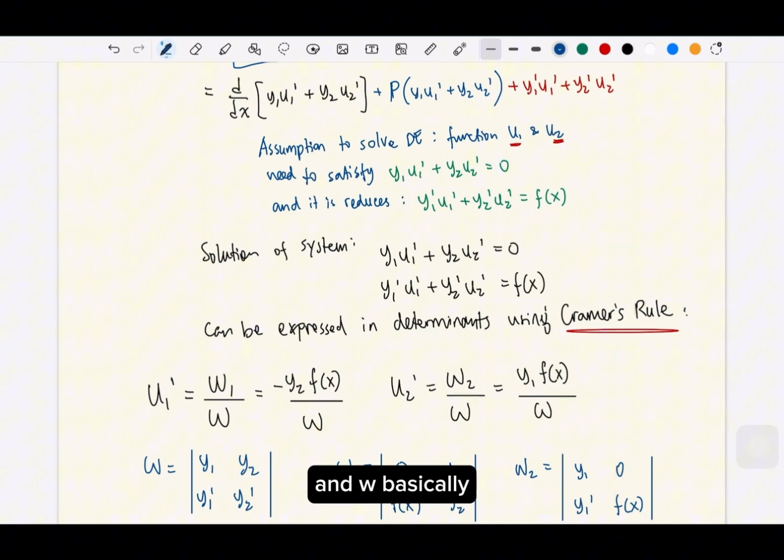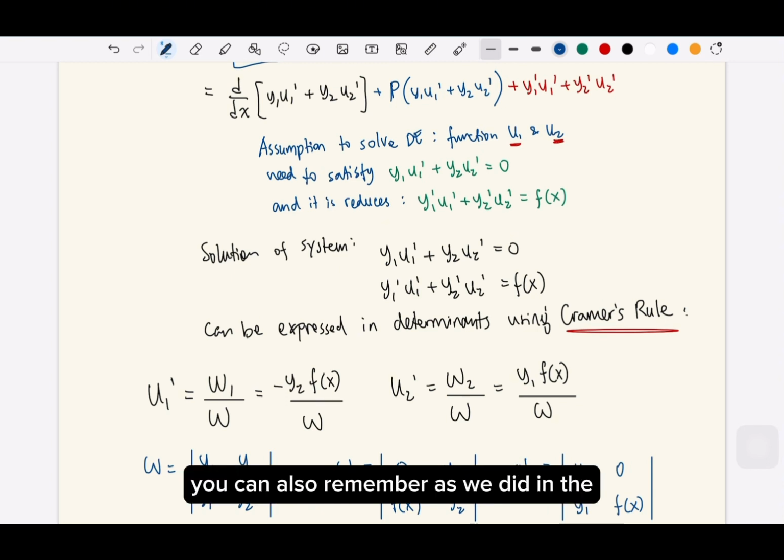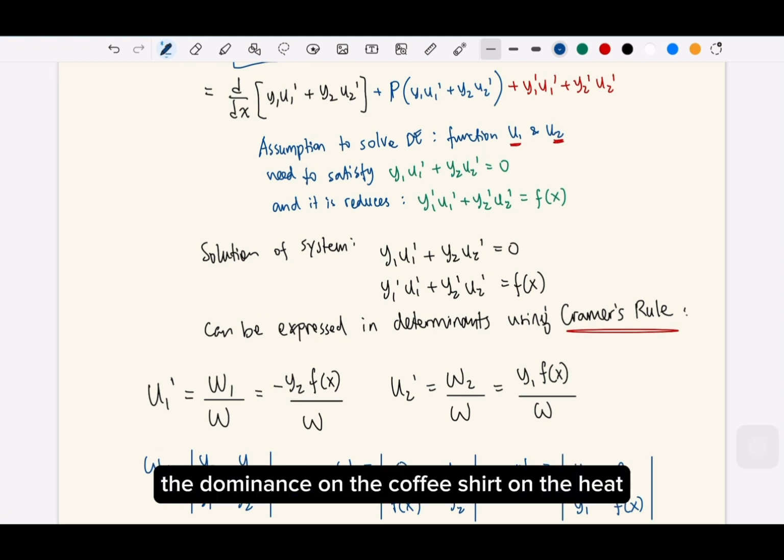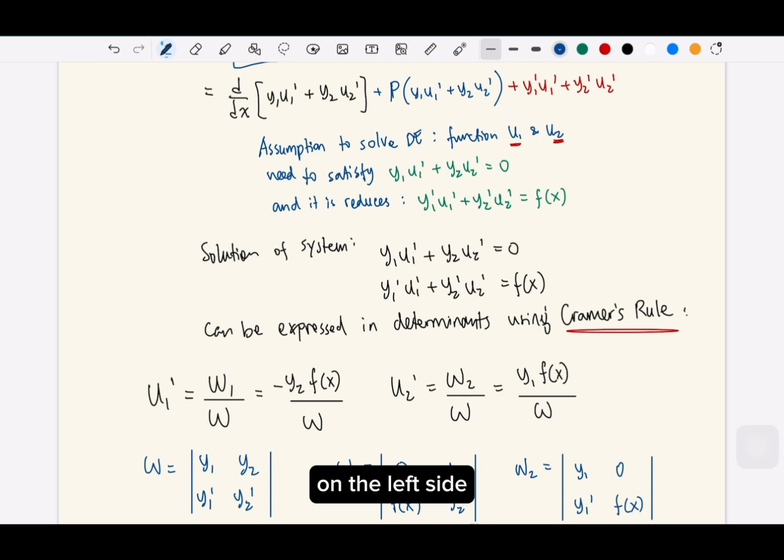And W you can also remember from the reduction of order, the Wronskian, the same thing. But this is Cramer's rule. With Cramer's rule, you have two linear equations, or a system of equations. You put everything in terms of matrices and find the determinant of the coefficients on the left side.